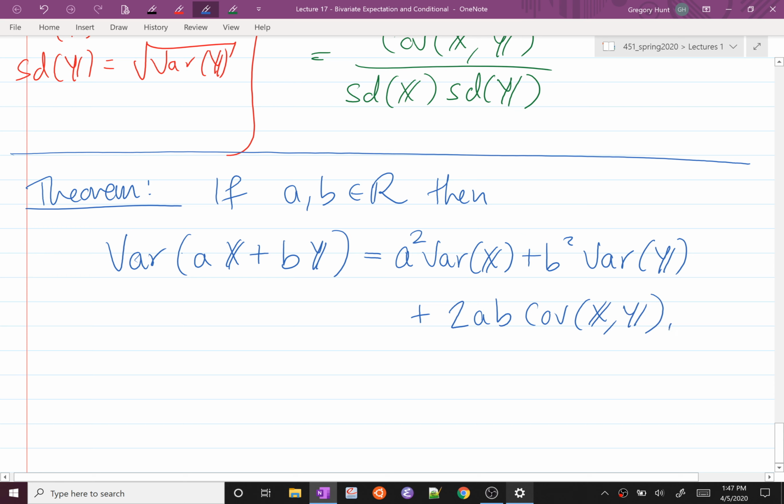So we're going to build up some facts about covariance and correlation. First, we need to talk about variance. That shows up in the correlation formula.